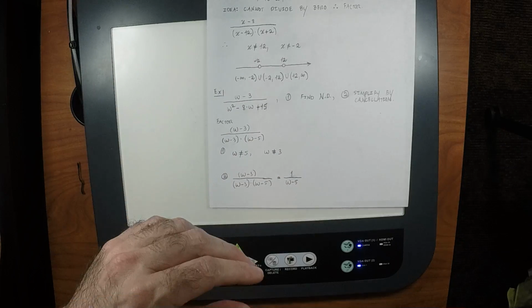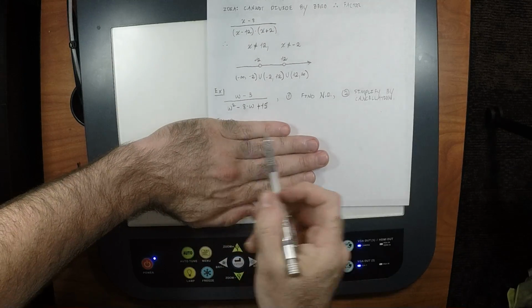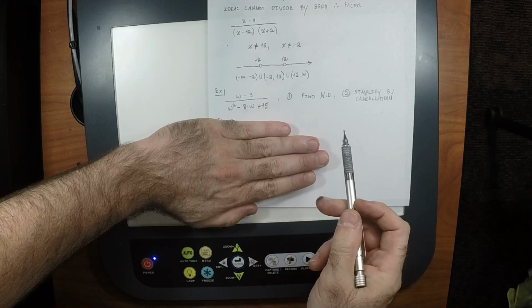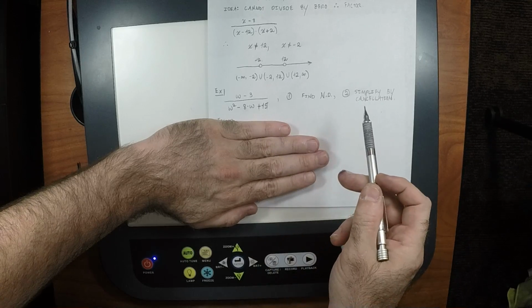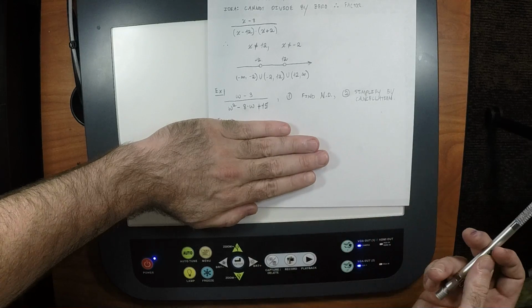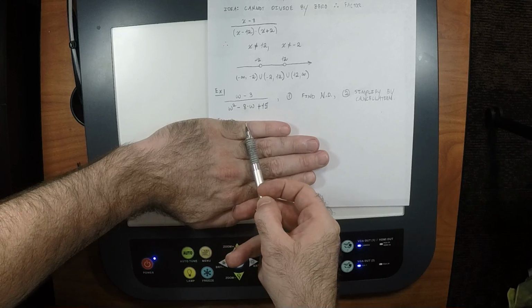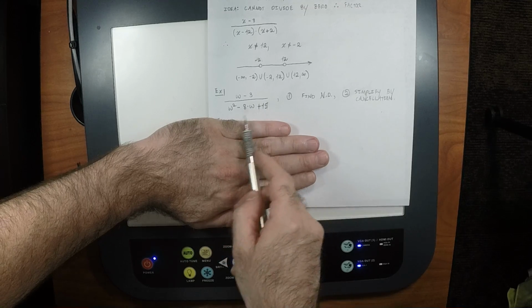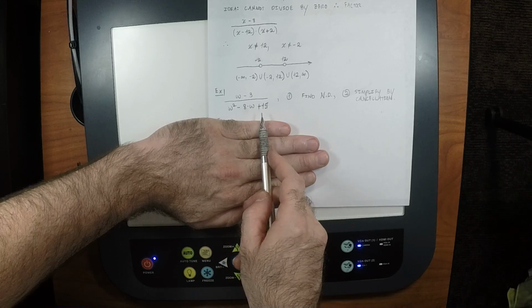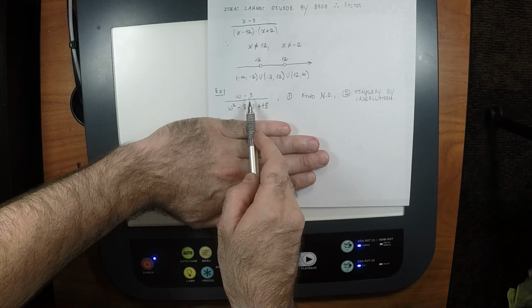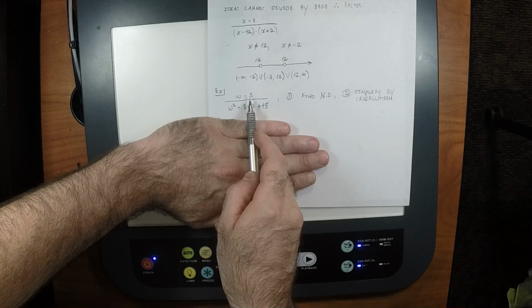Okay, so I want to point something out. When the question was stated, that's the question, right? So we're asking to find the natural domain of what? Of that, right? Can you plug 3 into this? You cannot. So w minus 3, that's 0 in the numerator.